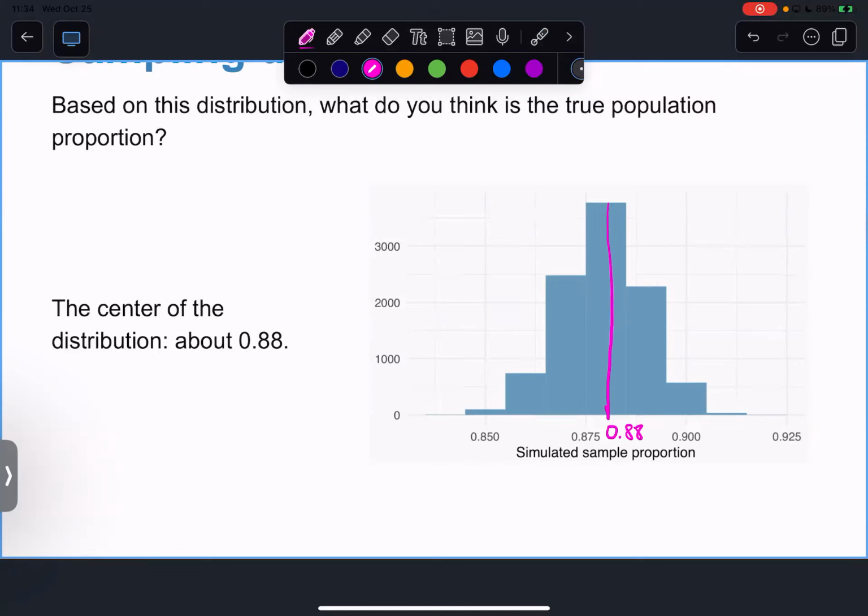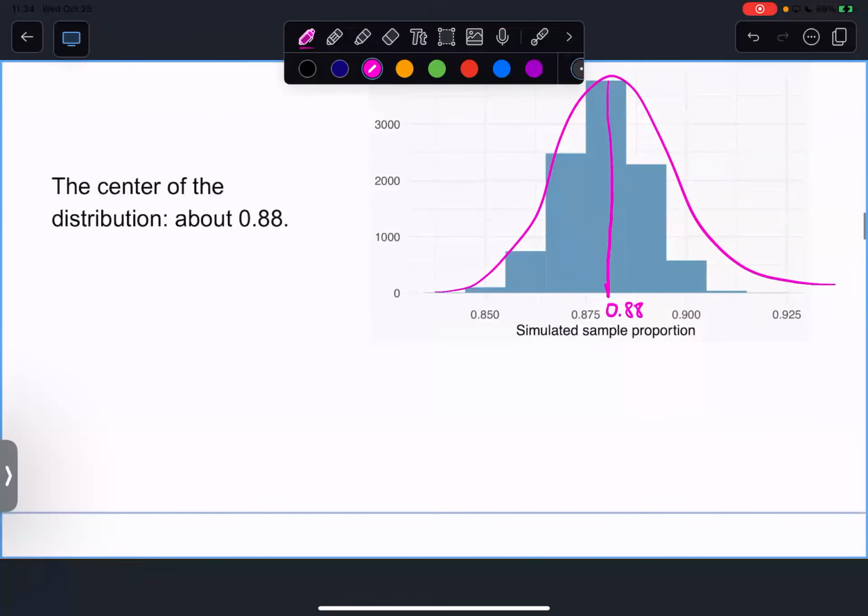Once you've taken a sample and its sample proportion, it should be roughly the same as the population. So they're all huddling around the population proportion. And that's what we're seeing here, this normal distribution centered on the population proportion.